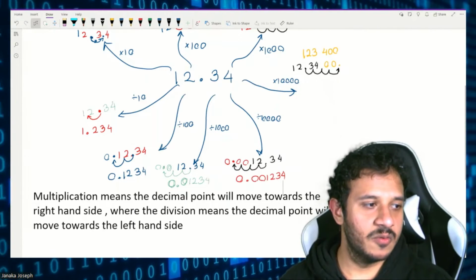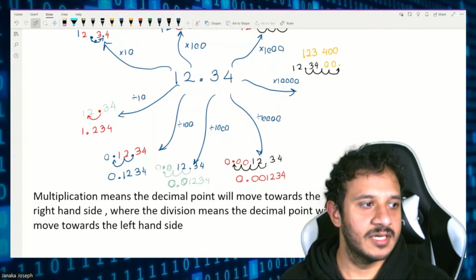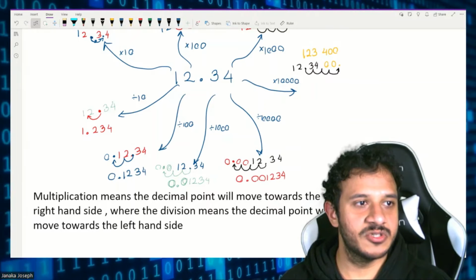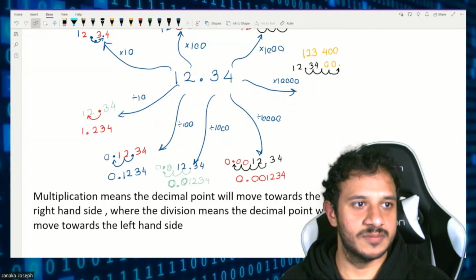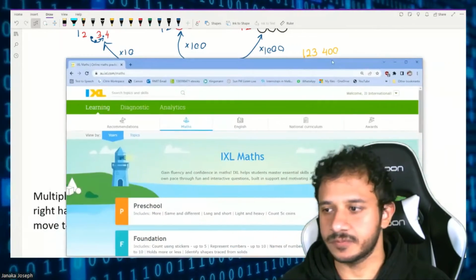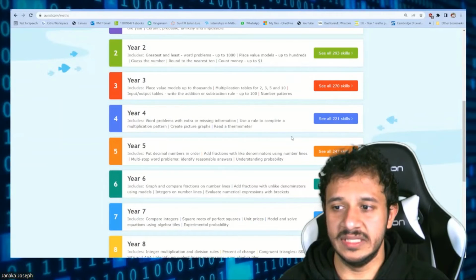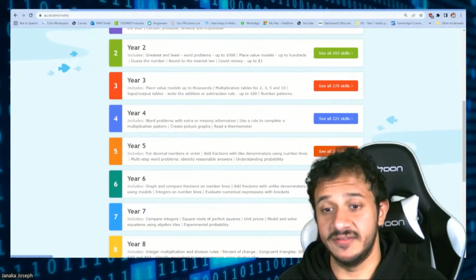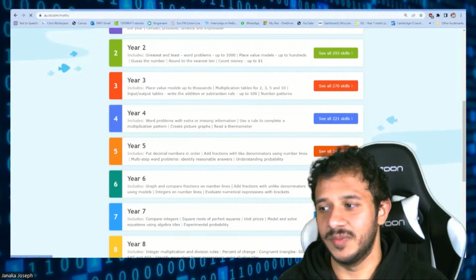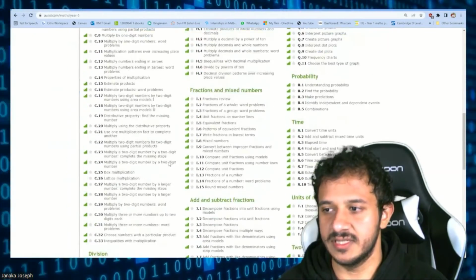Okay, now then let's go and give a try with the Year 5 H2 question, Year 5 H2 on IXL. I think these questions are there all over Year 4, Year 5, Year 6, even Year 7. But we are going to do Year 5 H2 because one of my students was in that.